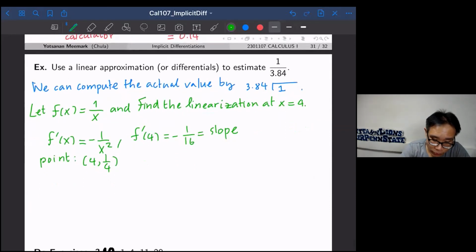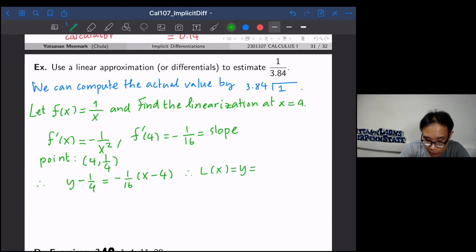Okay, so you use point slope form. So you have y minus 1/4 equal to negative 1/16 times x minus 4. So this one will be L of x, equal to 1/4 minus 1/16 times x minus 4.